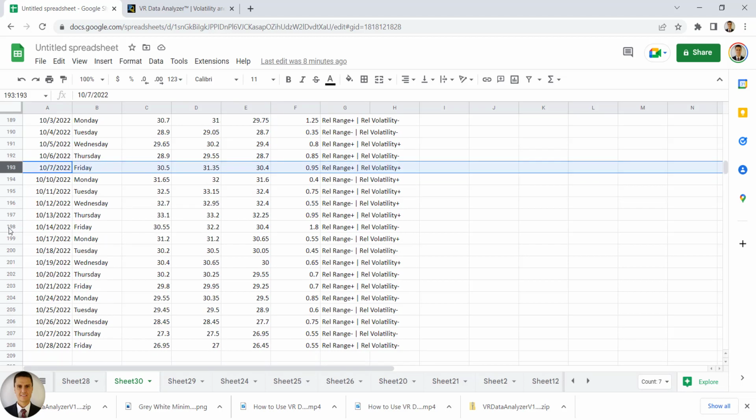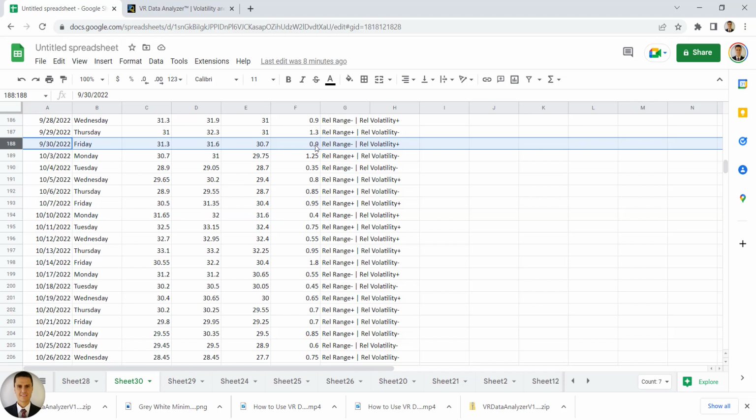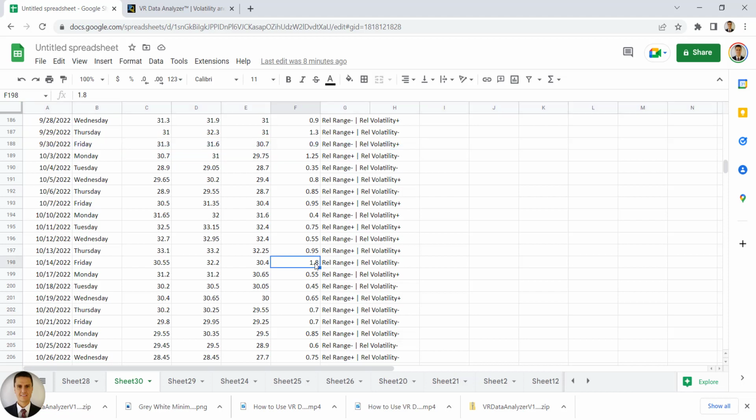Now you'll notice that the ranges between the high and the low, the diff, are not always the same. In fact, it's generally not the same. On 9:30, it was 0.9. On 9:14, for example, it's 1.8. Okay, that's a significant difference.